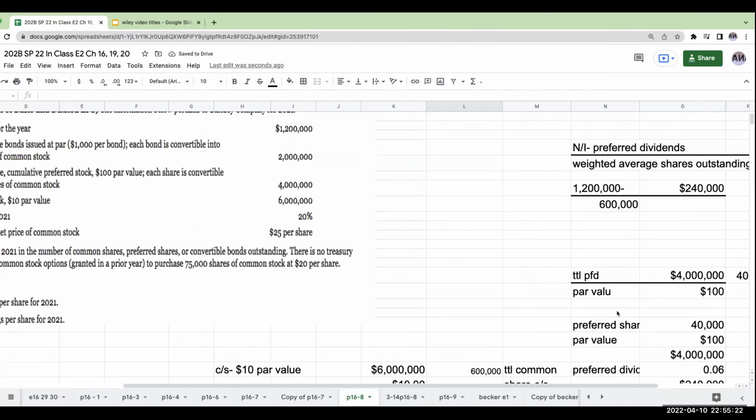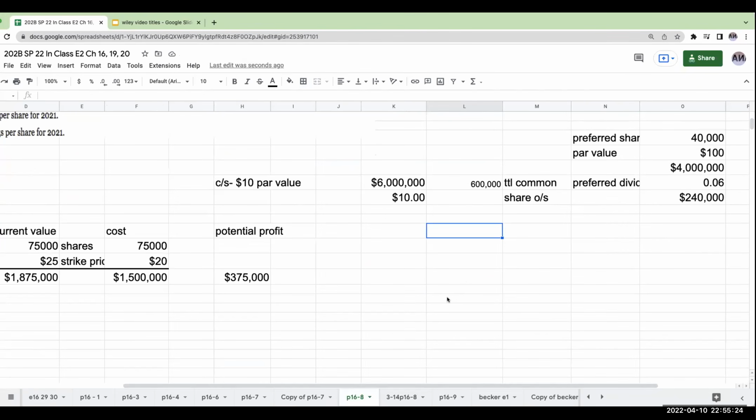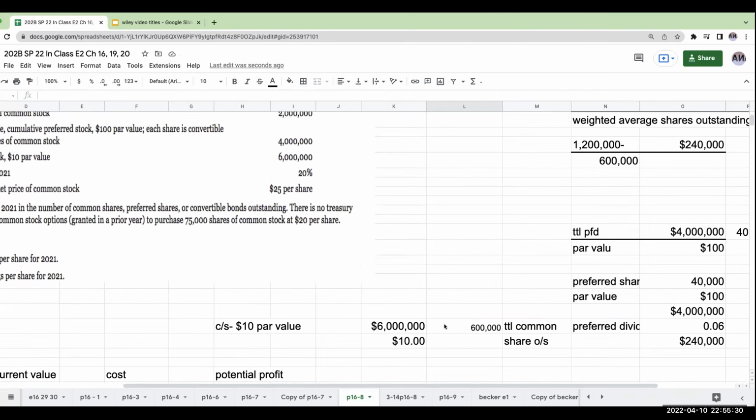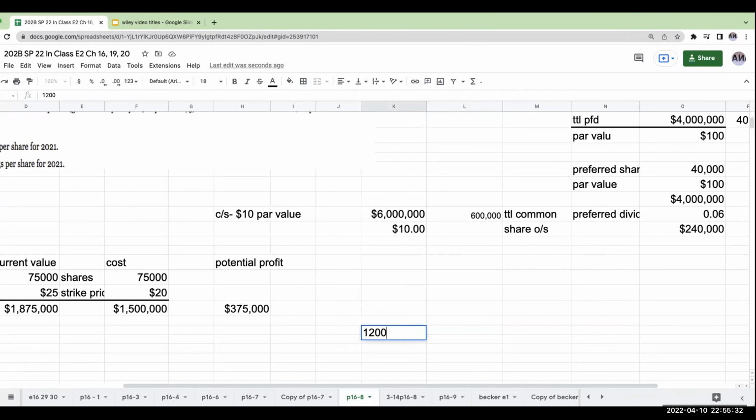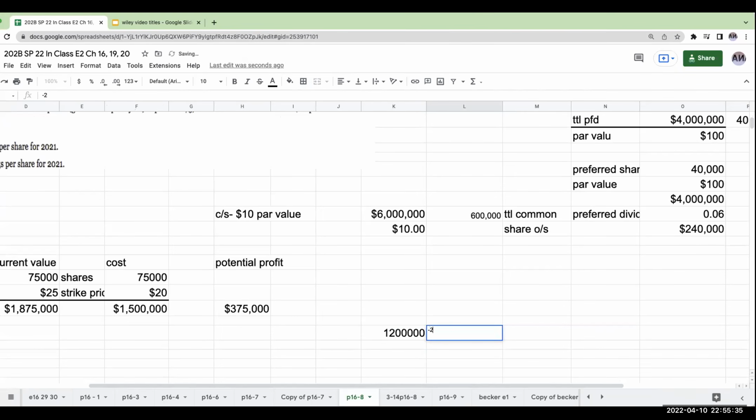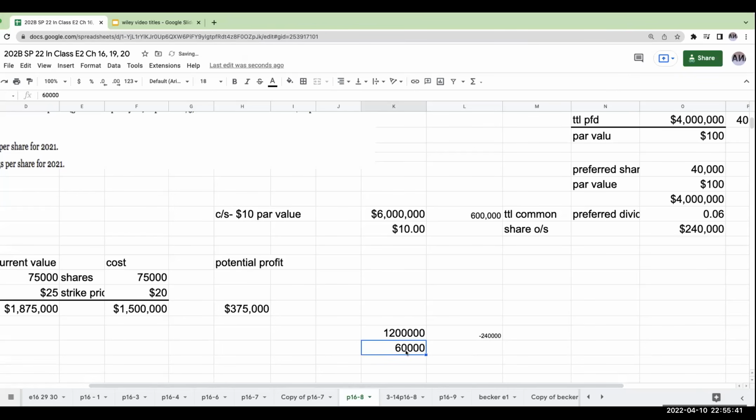What am I actually looking for? Well, when I'm doing fully diluted earnings per share, I'm starting over here with my net income minus my preferred dividends, divided by 600,000 shares outstanding.